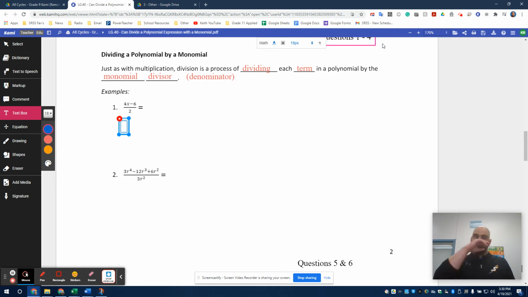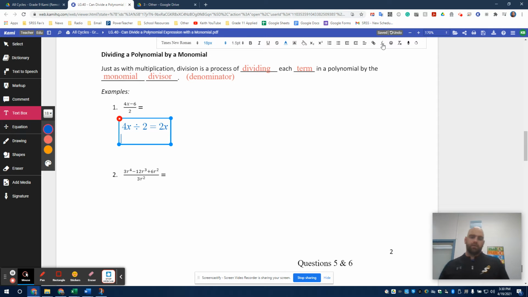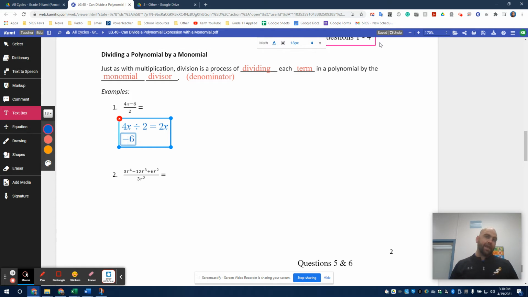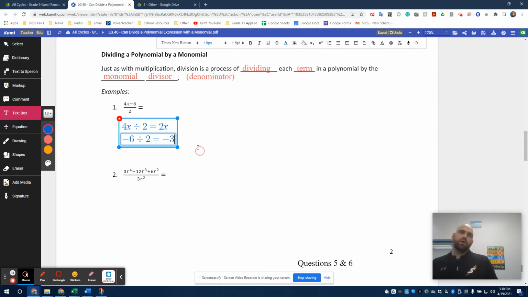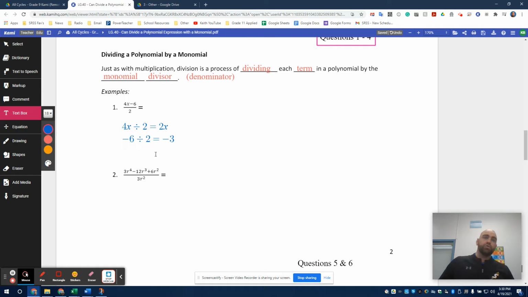So the first one is 4x divided by 2. 4 divided by 2 is 2, and we have an x divided by nothing, so that's going to stay the same as x. So that is our first statement. The second one is -6 divided by 2, and that is going to be -3.